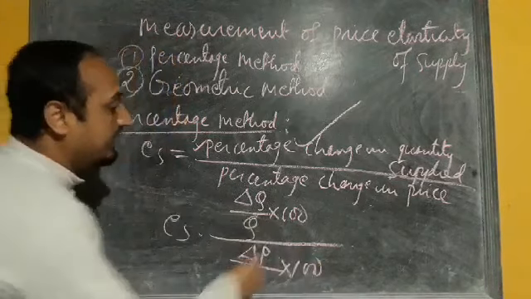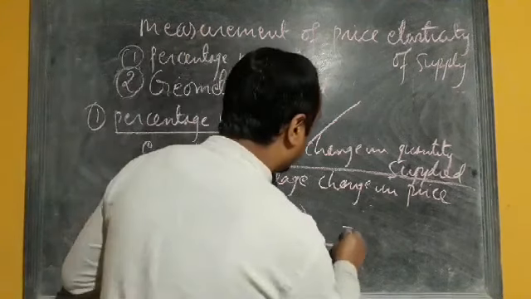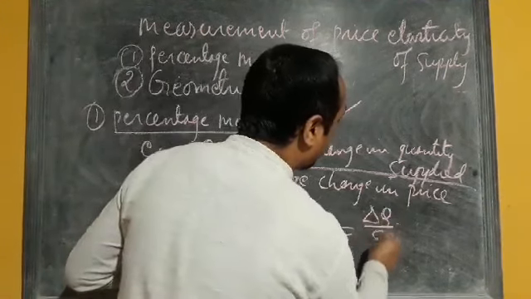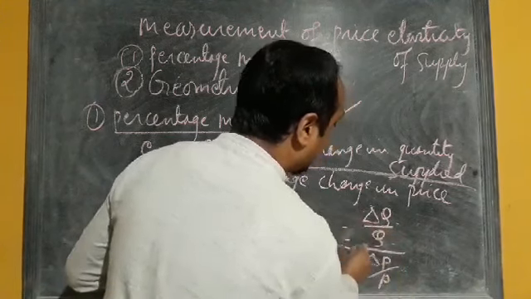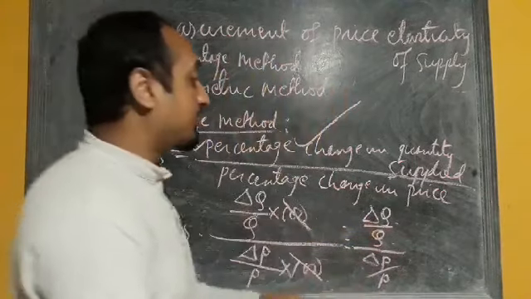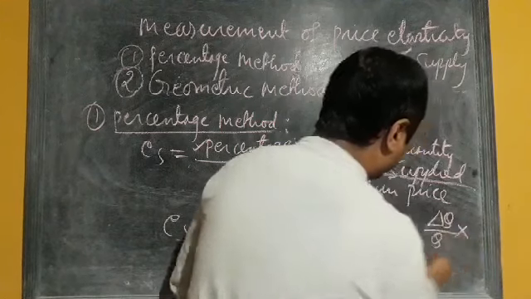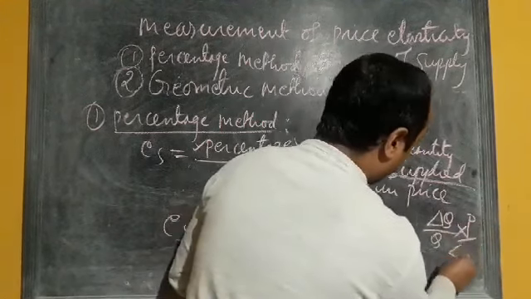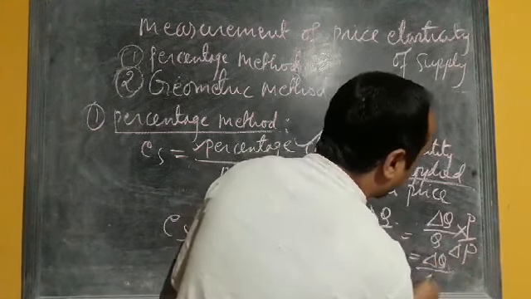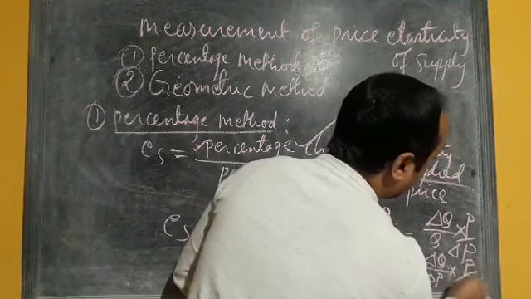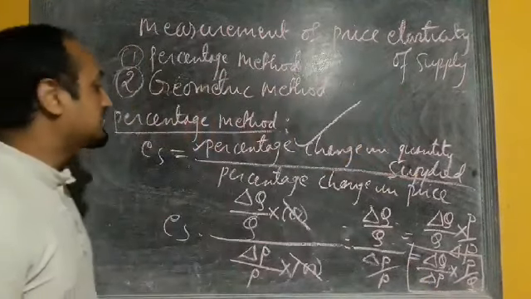Now this 100 can be cancelled out. Now we have del Q by Q divided by del P by P. We take the reciprocal, and we can write this as del Q by Q into P by del P. Now we can arrange this as del Q by del P into P by Q. So this is the final derivation of price elasticity of supply.